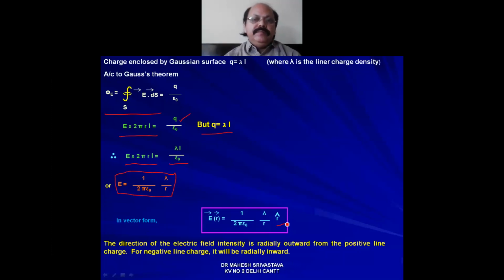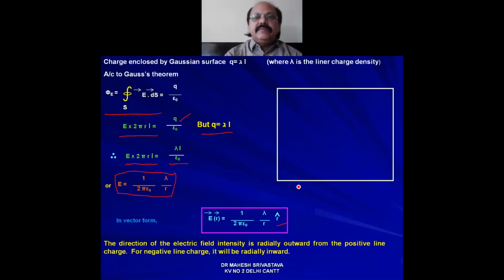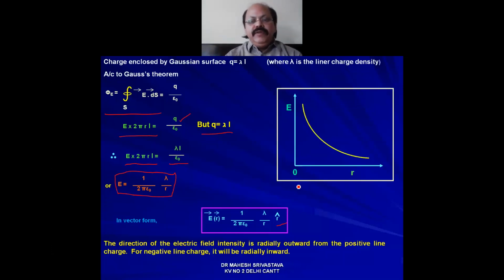If lambda is less than 0, then the electric field intensity is inward. Now we plot the graph between the electric field intensity and the distance. Then you will get a graph like that. It means if we increase the distance r, the electric field intensity decreases. Obviously, from this equation, it is very clear that E is inversely proportional to r. As r increases, the electric field intensity decreases.